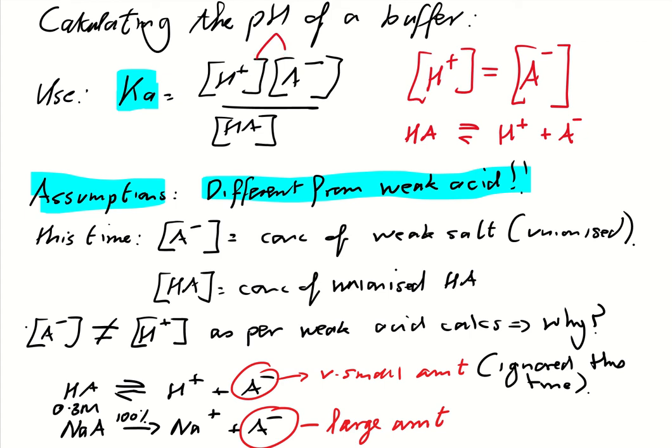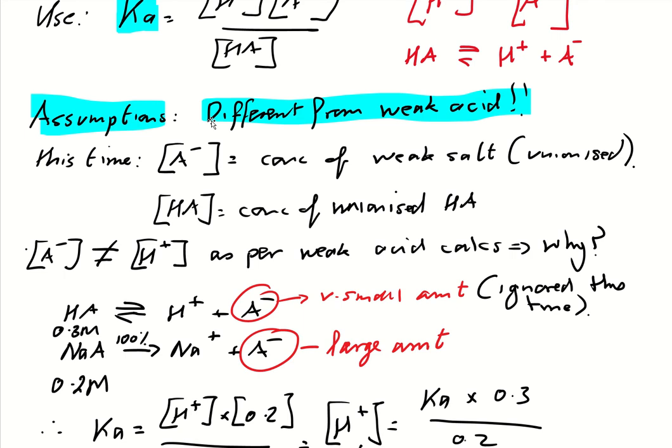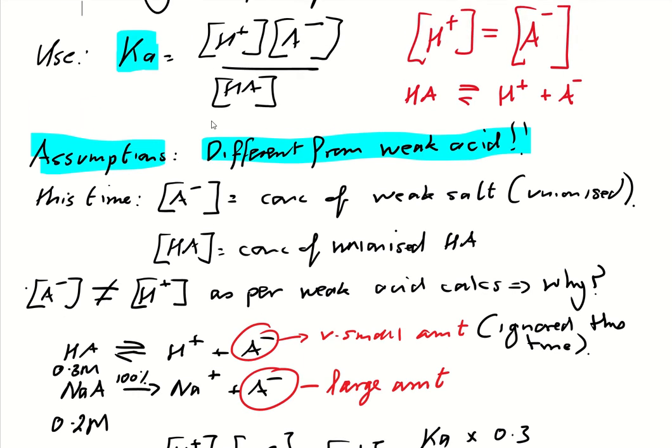Okay, but that is no longer the case when we're dealing with a buffer, and we'll have a look at the reasons why that is. So first of all, as opposed to our A minus being equal to the H plus, our A minus this time is equal to the concentration of the salt of the weak acid.